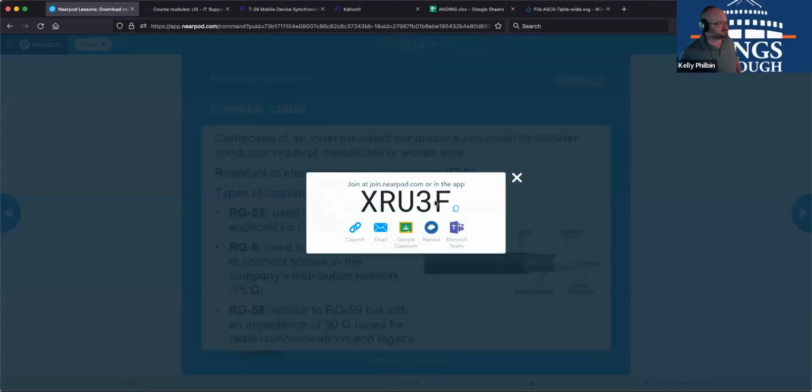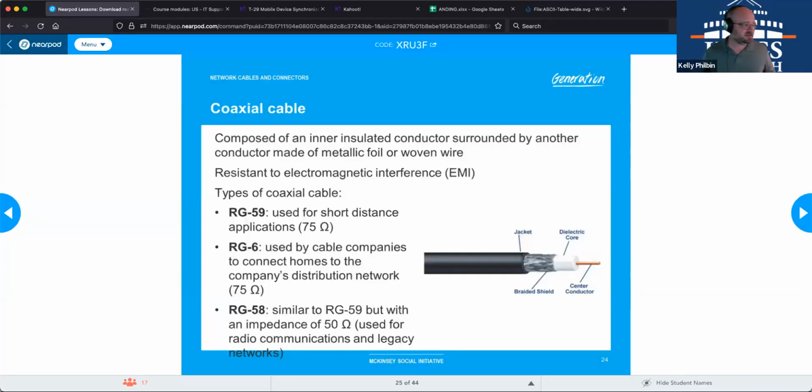Outside of the dielectric core right here, this little white piece, you have this kind of mesh, which is a braided shield. This helps protect from EMI or EFI, so, yeah, electromagnetic or electrostatic shock.